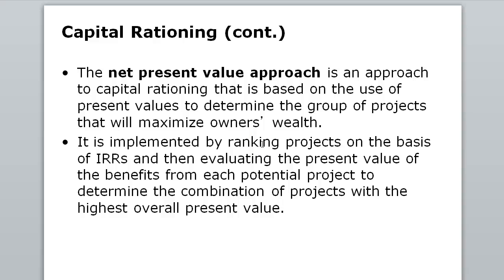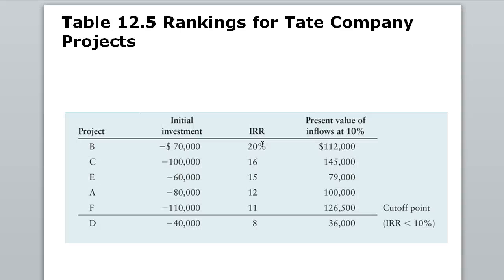So implementing the ranking of projects on a basis of internal rate of return, then evaluating the net present value benefits for each of the potential projects, we determine the best combination of projects with the overall highest present value. So here, if we look at these projects, here's the initial investment, the internal rate of return, and then we also have the present value of the cash flows.